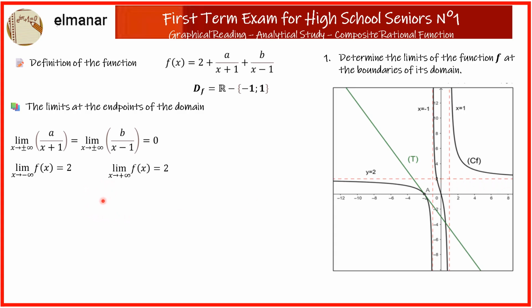Behavior at the forbidden values. When the variable approaches the forbidden value that corresponds to -1, whether from the left side or the right side, one of the terms in the function grows extremely large in absolute magnitude. This causes the function to move toward an extremely negative value. In such cases, we say that the function diverges toward -infinity.